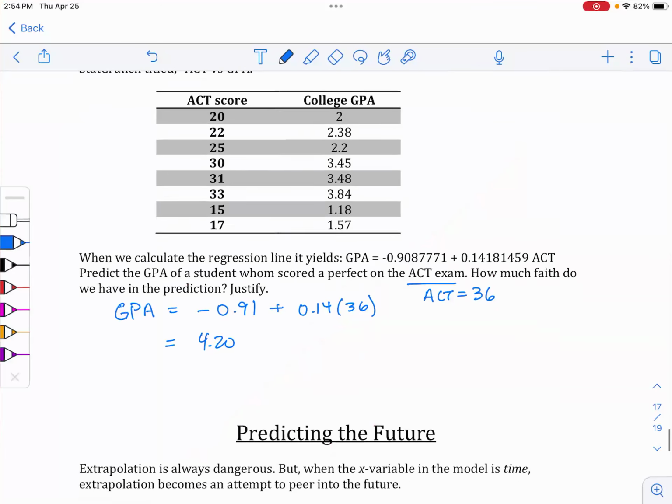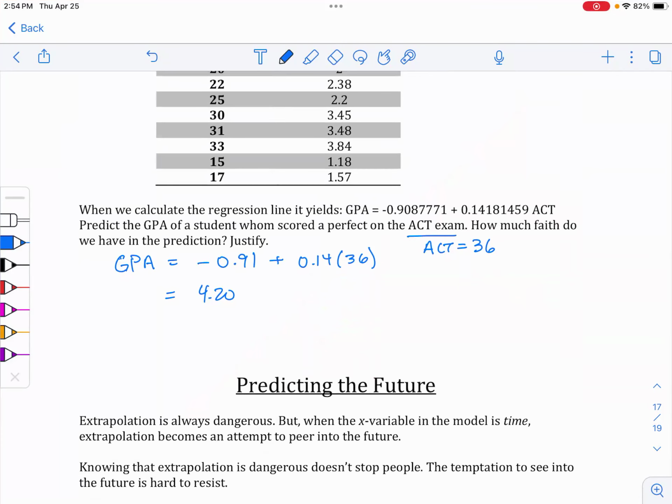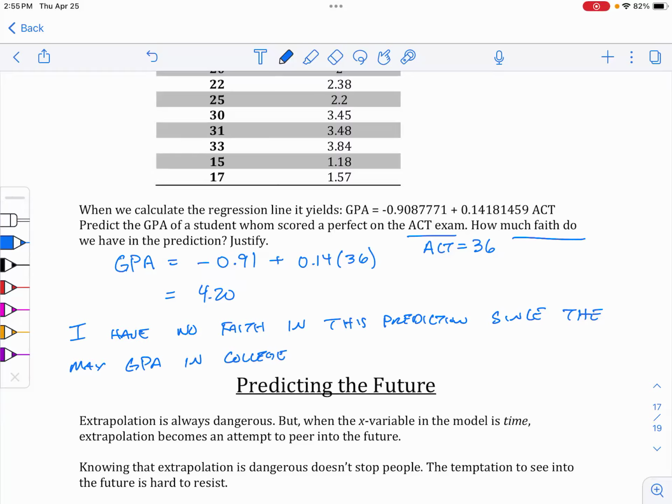And so when we predict this value, we always then talk about how much faith we have in this prediction. Well, in this prediction, I have no faith in this prediction since the maximum GPA in college is 4.0.